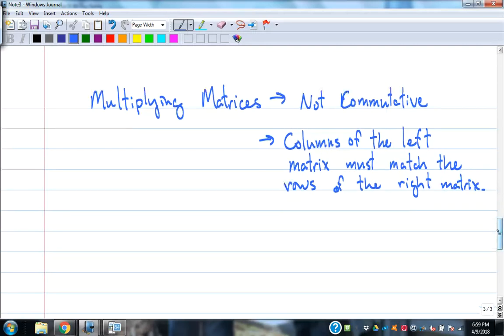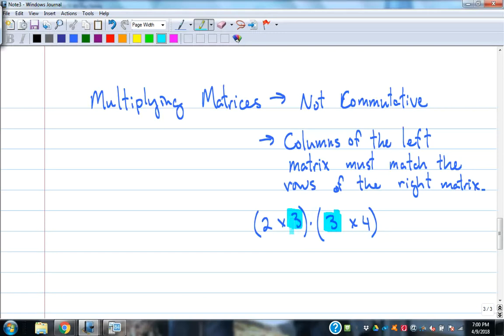What does that mean? Okay. It means the size of our matrices. If we had a 2 by 3 matrix and we're multiplying it times some other matrix, the columns are 3. There's 3 columns in that left matrix. Then the right matrix has to have 3 rows. Those numbers have to match.